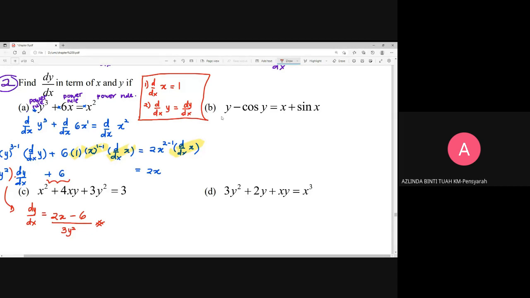Okay, firstly we have to put the instruction dahulu. I need to put a d per dx in front of each term. 1, 2, 3, 4. Sebab dengan instruction d per dx inilah baru kita jelas apakah perlu dibuat seterusnya. So d per dx bermaksud we need to differentiate each term.